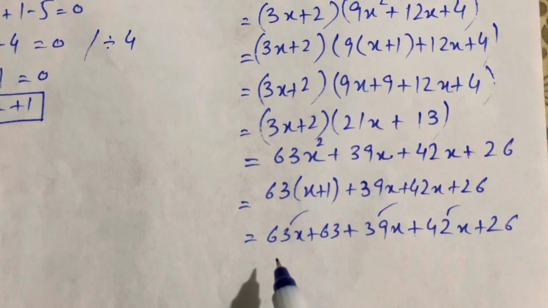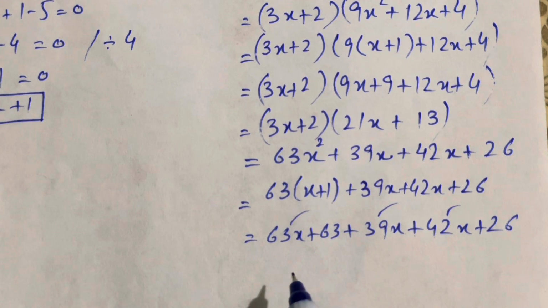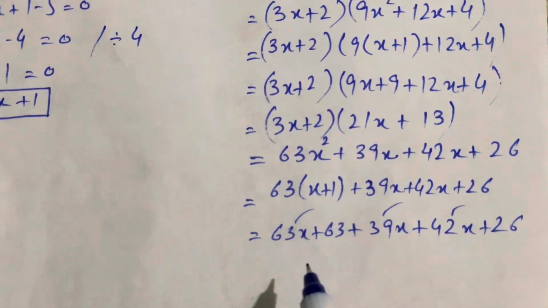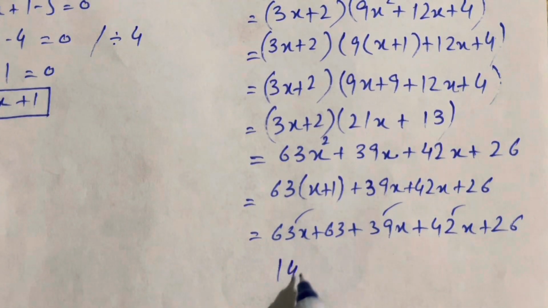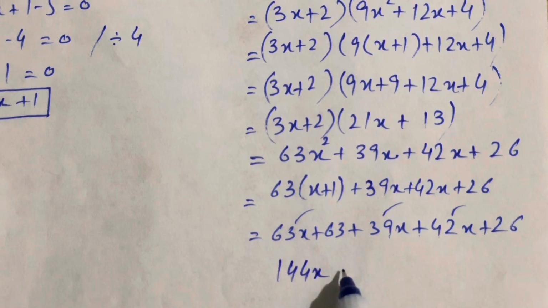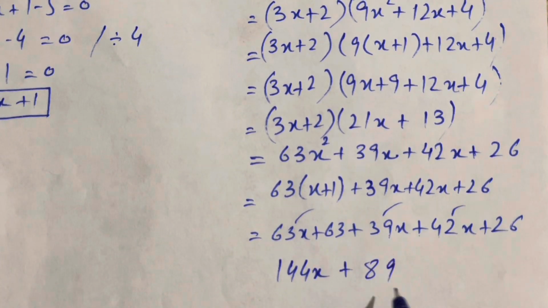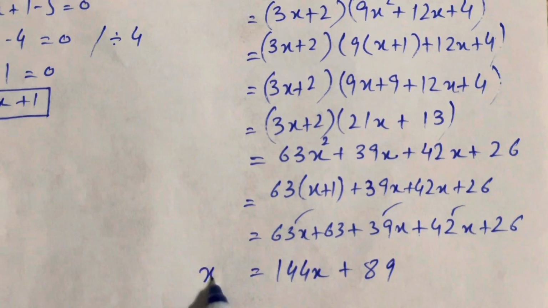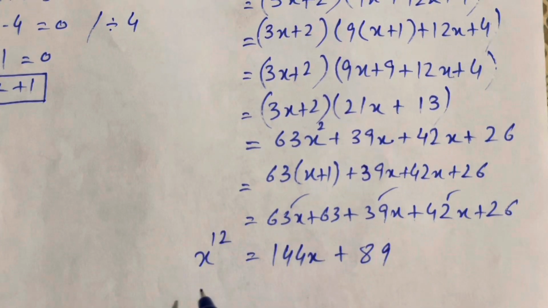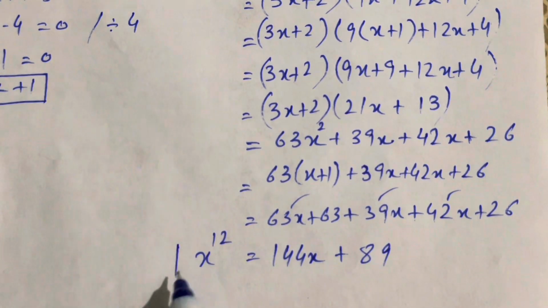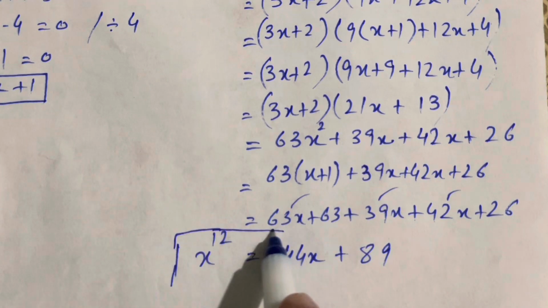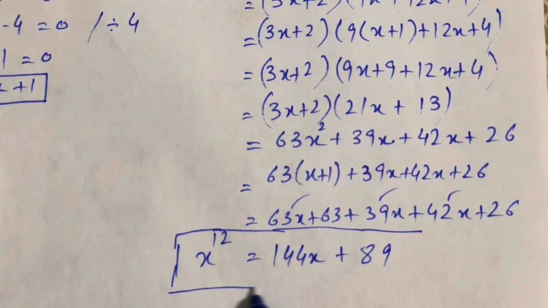On solving these three values and calculating, it becomes 144x plus 89. This is the value of x power 12.